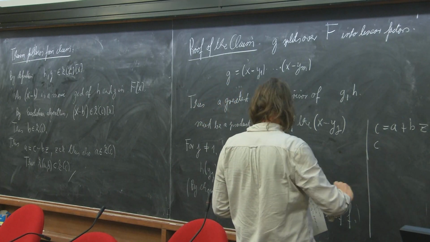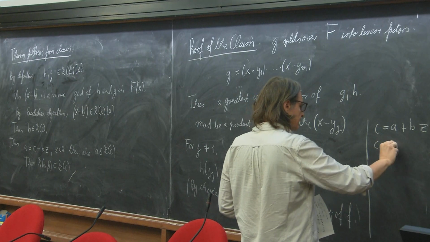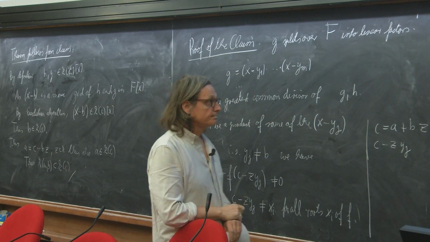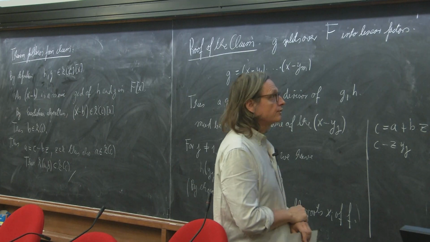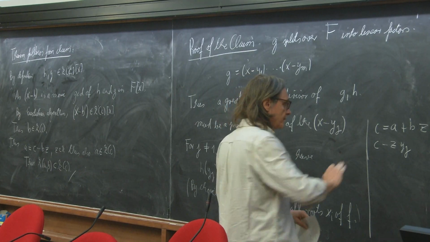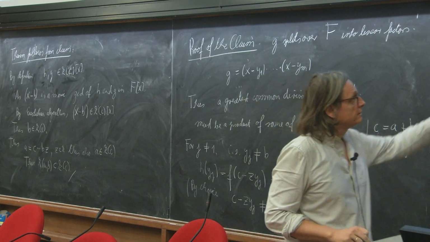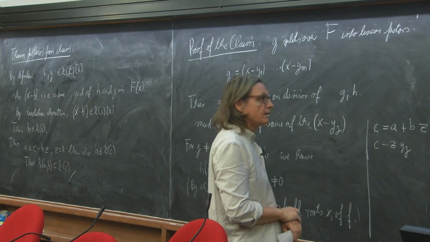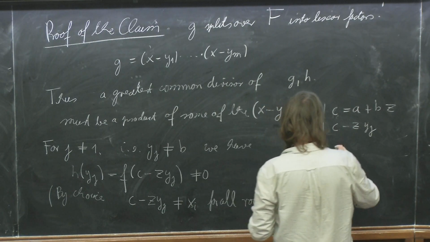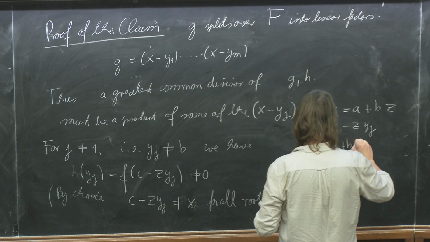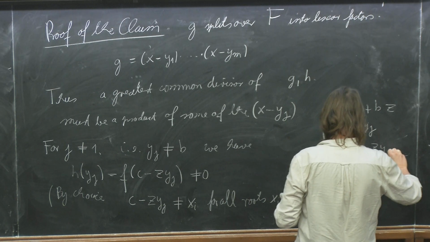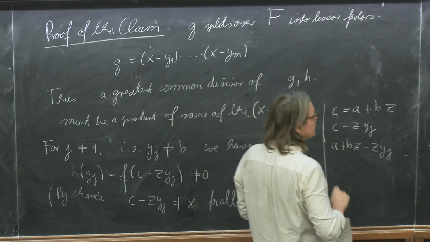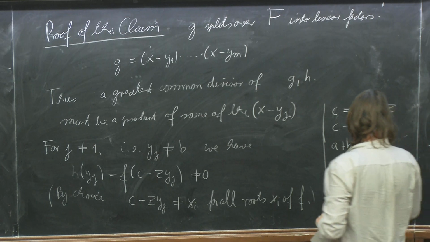So c minus z yj, if I bring it over, this is a plus b z minus z yj.